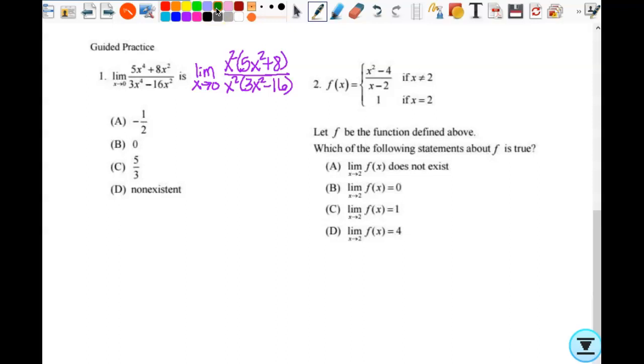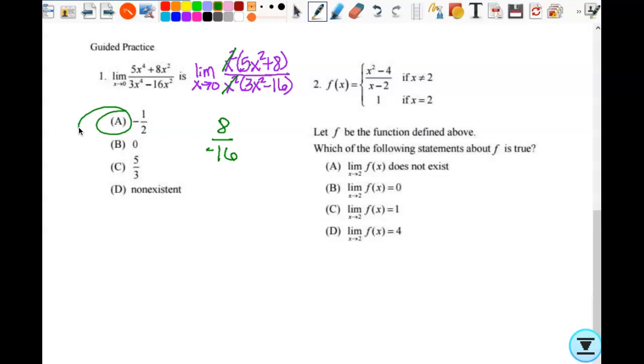Can I reduce this? Yes. And now evaluate that as x approaches 0, meaning I can just do direct substitution. That would zero both of these out, and I get 8 over negative 16. And what's my answer? Negative 1/2. You good with that? Okay.